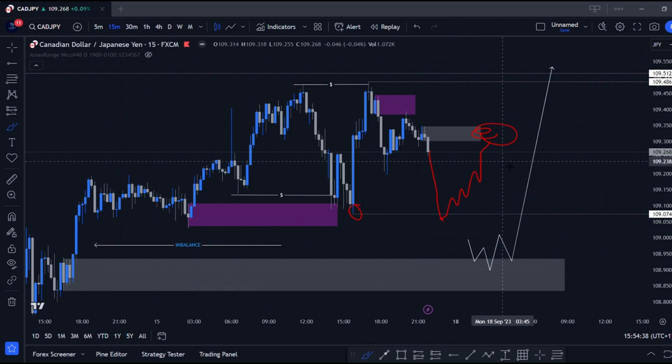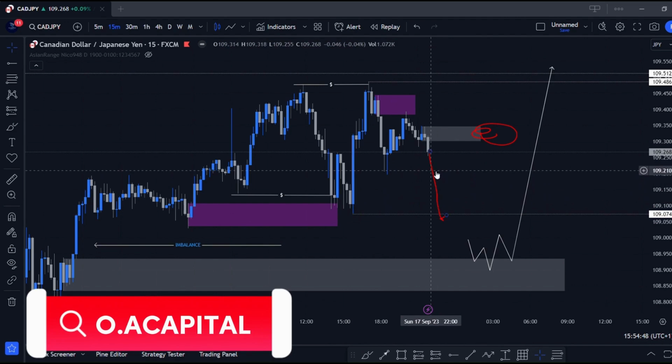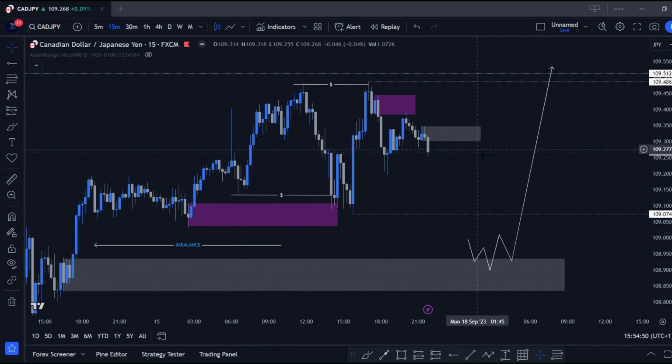So this is my second scenario of what I'm looking for CADJPY to be doing in the next opening of our market from Sunday night to Monday morning.